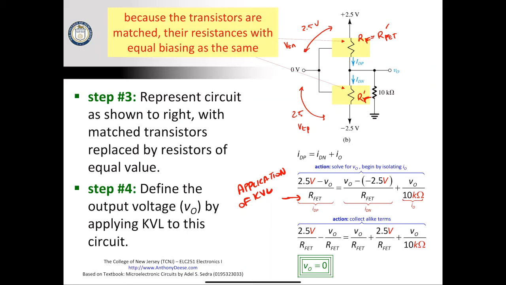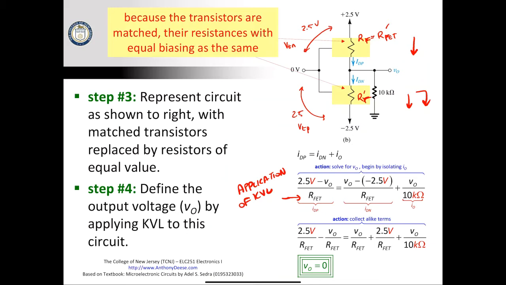That is telling us that the current flowing here will be equal to the current flowing here, which is V out minus a negative 2.5, plus the current flowing down the side branch, which is V out over 10 kiloohms.